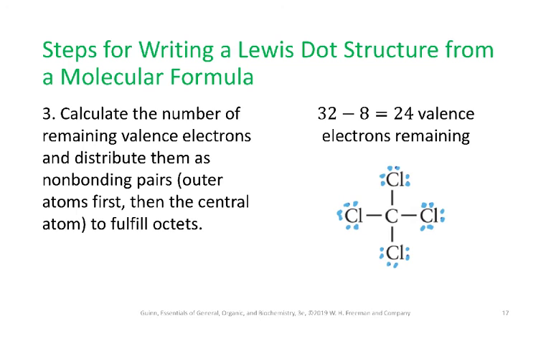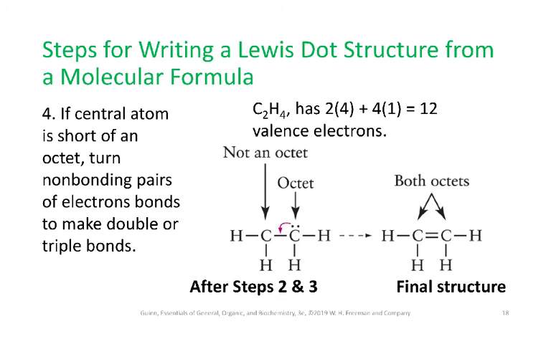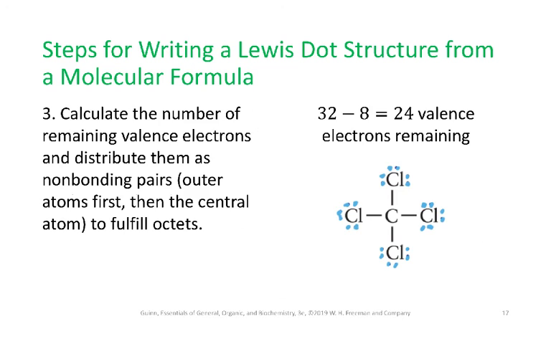And that's step 3. Now step 4. If the central atom is short of an octet, turn non-bonding pairs of electrons into bonds to make double or triple bonds. So we did this before with formaldehyde, and here's an example of C2H4. Okay, so here we're done, right?